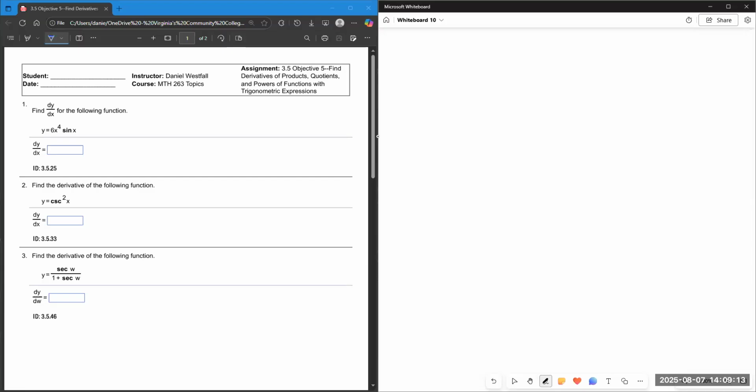Our first function is y equals 6x to the fourth times sine of x, which I'm going to call u times v. So my y prime is going to be u prime v plus v prime u, according to my product rule.